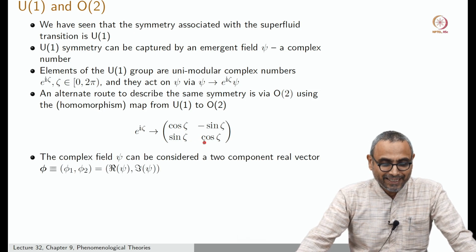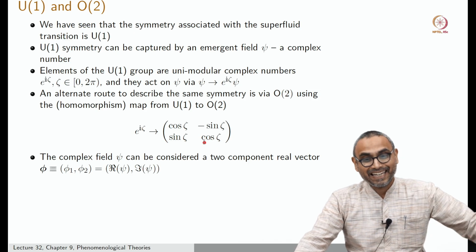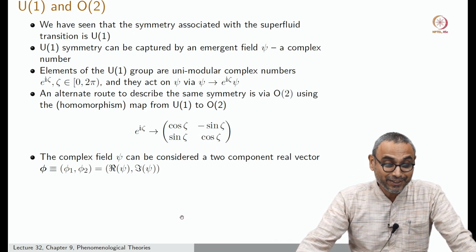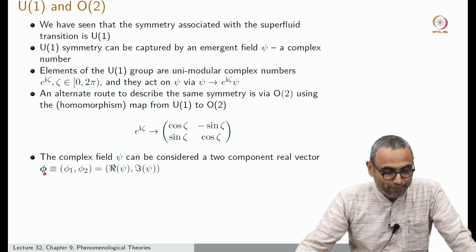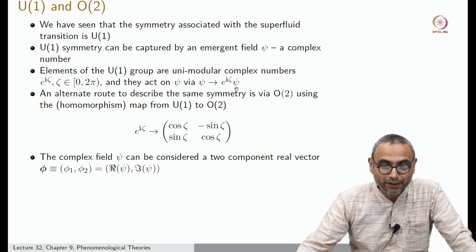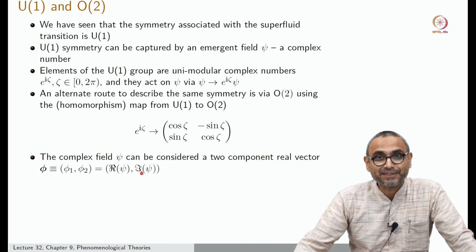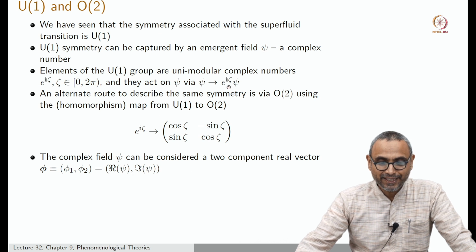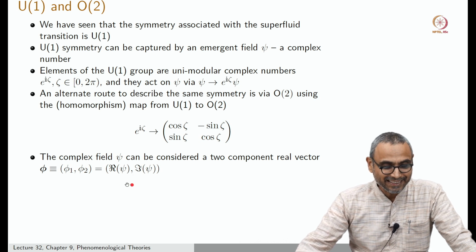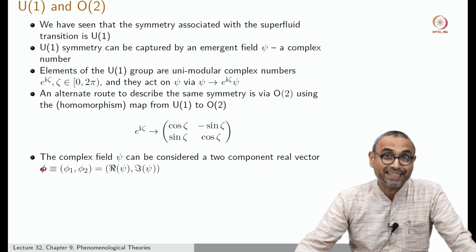Okay, all right. Now I have to make the identification of the complex number with a two-component real field. So here is the two-component real field. So phi is phi1 and phi2. Phi1 is identified with the real part of psi, and phi2 is identified with the imaginary part of psi. Now you can see that the action of e to the i zeta acting on psi is exactly the same as this matrix acting on phi.